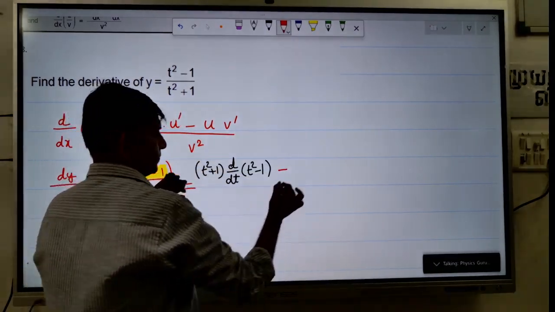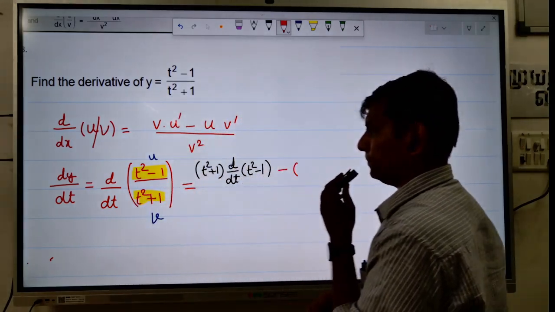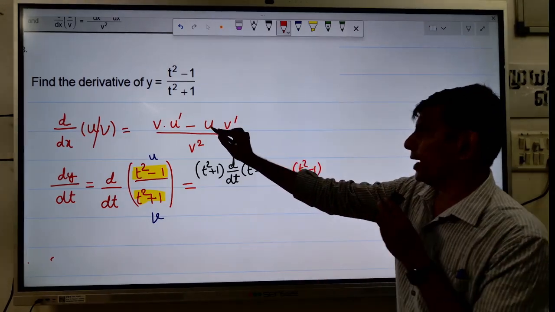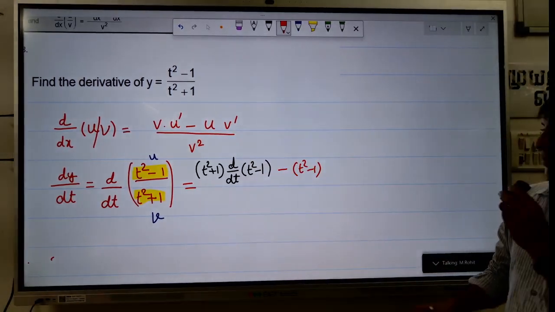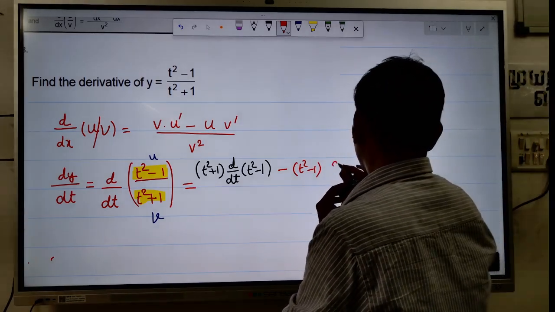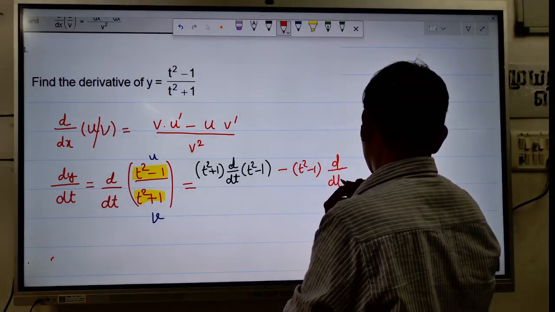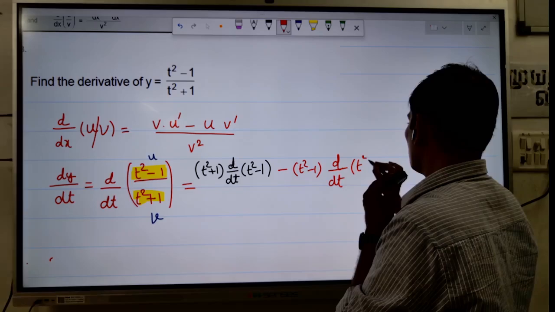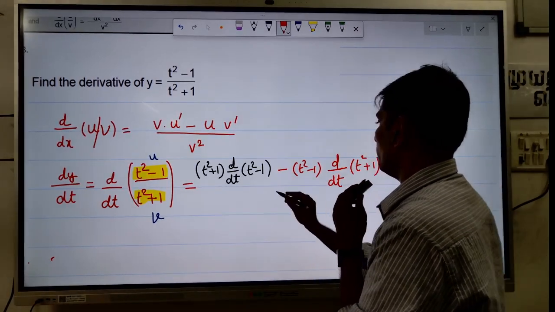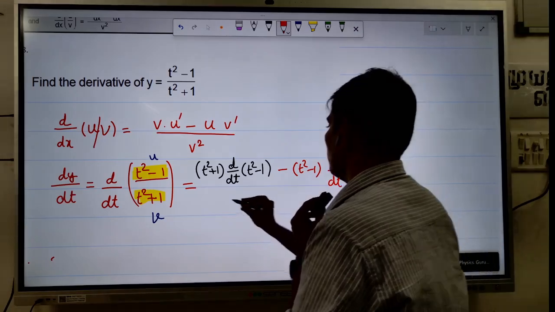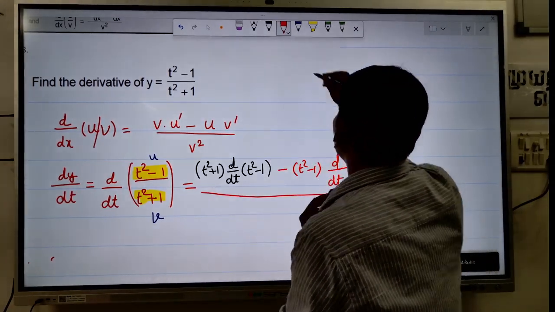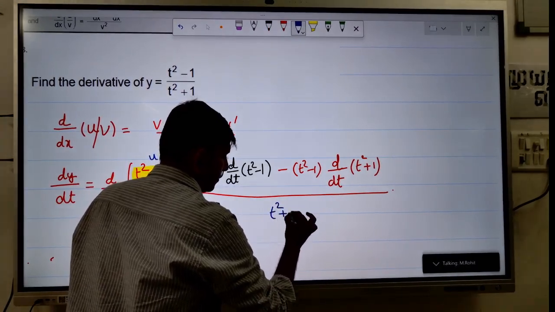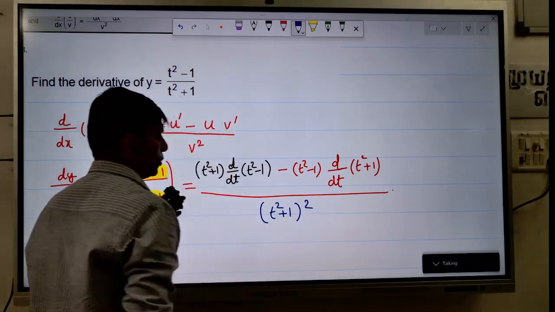Minus, guide me sir, t squared minus 1, I am writing the u, then very good sir, t squared plus 1, whole divided by t squared plus 1 the whole square.